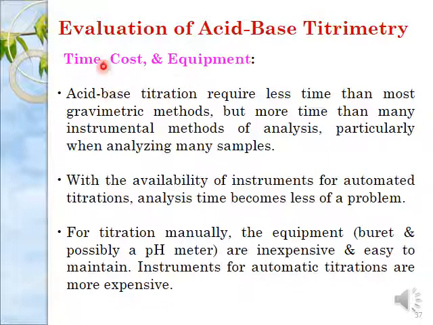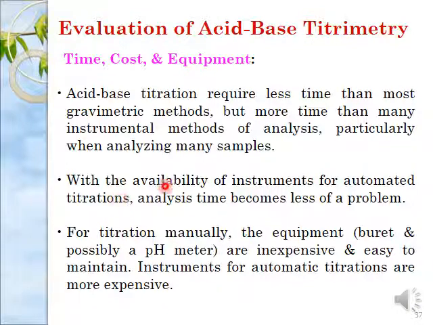Okay, let us look at time, cost, and equipment. Acid-base titration by right is one of the quickest techniques. And in terms of availability, no problem, because only the simplest glassware is needed. You only need a burette, an Erlenmeyer flask, and a volumetric flask for the solution preparation.